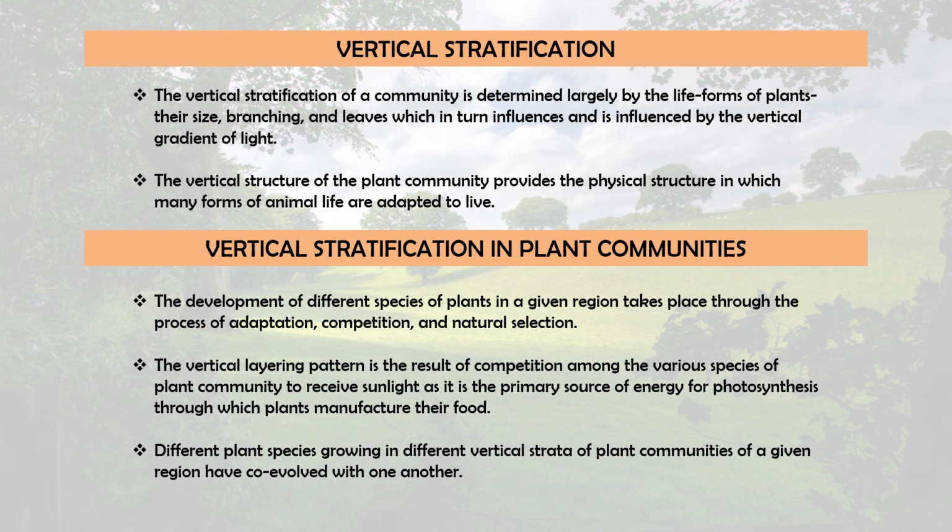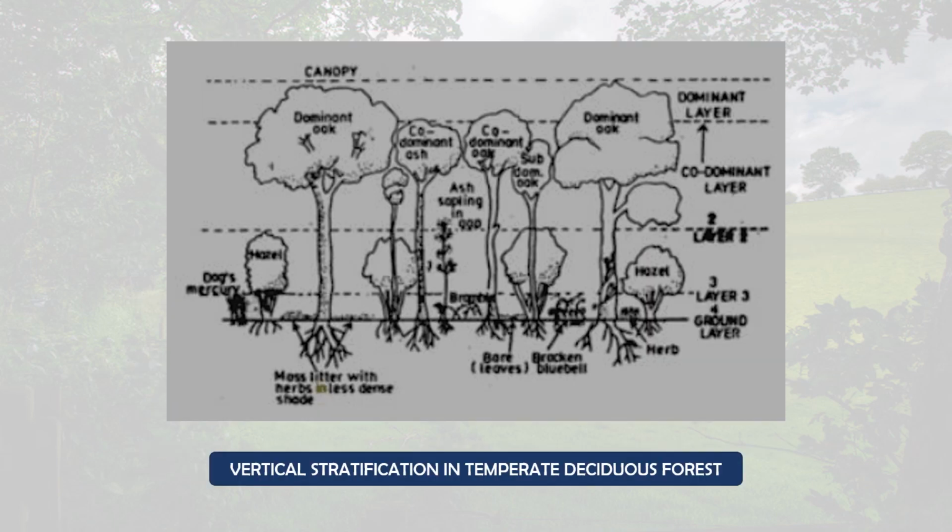So there are basically two examples of vertical stratification in plant communities. One is temperate deciduous forest and the other is grassland community.